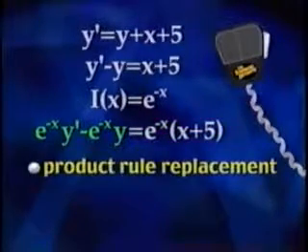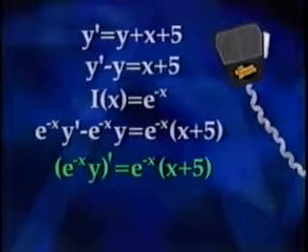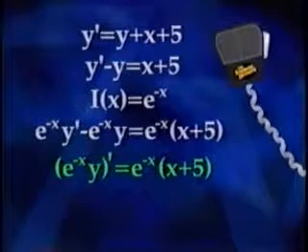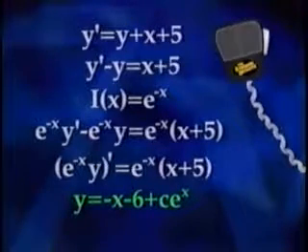We did a product rule replacement on the left side and got the derivative of e to the negative x times y equals e to the negative x times x plus 5. Integrating both sides and solving for y, we got y equals negative x minus 6 plus c times e to the x.